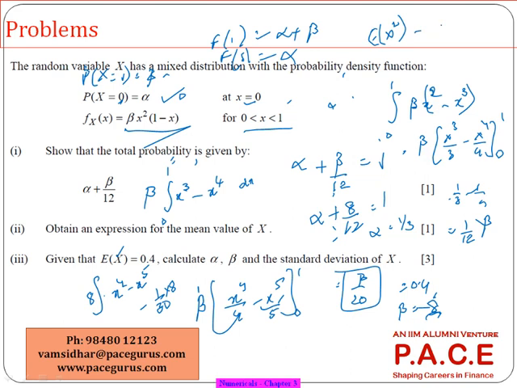Minus expectation of x whole squared, which is 0.4 whole squared, giving 0.16. Expectation of x squared is 8 by 30. What is that expectation of x squared? 8 by 30, which is 4 by 15.